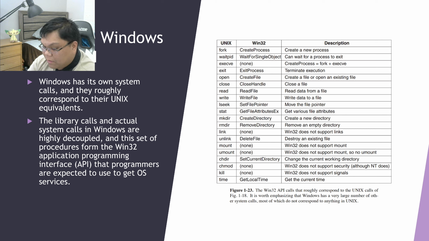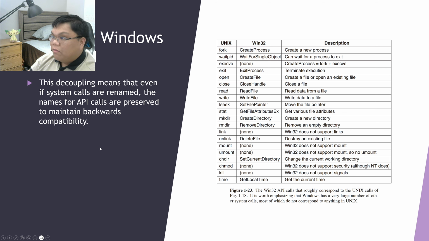So if a programmer on a Windows system wants to open a file, they don't call open. Rather, they would call CreateFile. And if they want to close the file, you wouldn't call close. You would call CloseHandle. It's worth emphasizing that Windows has a very large number of other system calls, and most of them don't correspond to anything in Unix. So what's up with this decoupling, by the way?